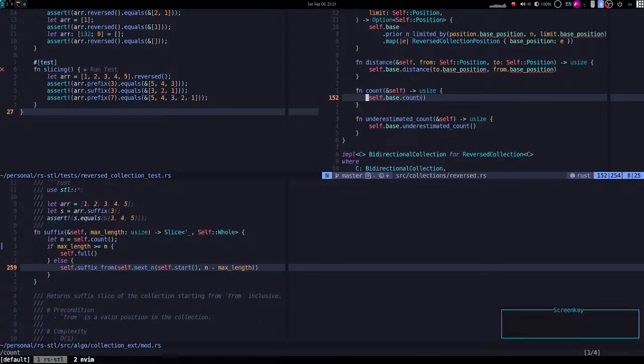Self.base.count, and base.count should be fine. So that should not be a problem. Where is the problem coming from?